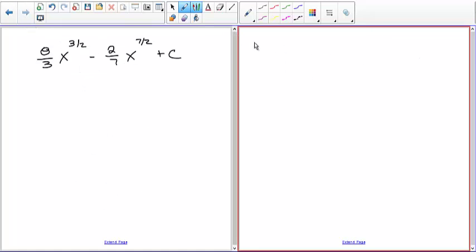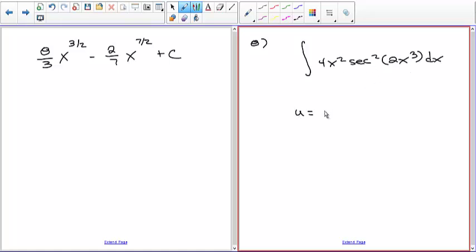Okay, number 8. So here we have the integral of 4x squared secant squared of 2x cubed dx. Okay, so obviously we don't have anything for that, so we got to use u substitution.